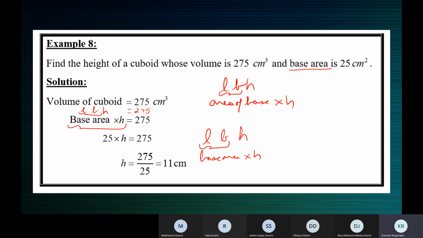So when you buy a bundle of A4 sheets from a stationery shop, the bundle is a cuboid, while each sheet is a rectangle.